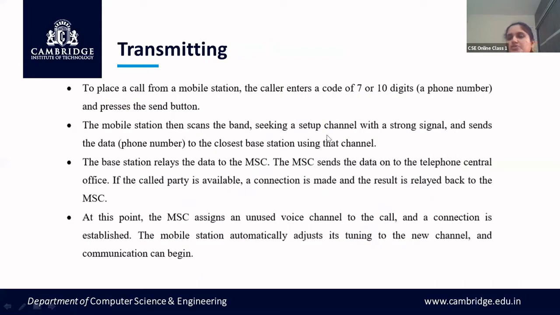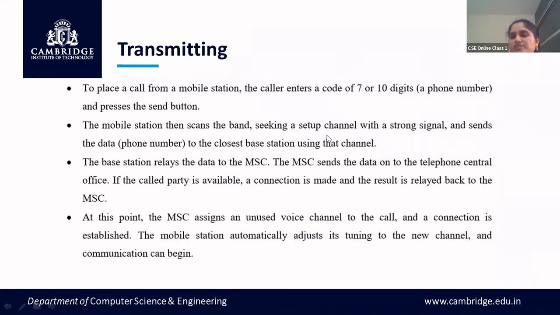So once we know the architecture, the cell, and the basic terminologies of mobile stations and base station, next is how transmission happens between the cells. So what is the first step? In order to place the call, you will enter a phone number, right?